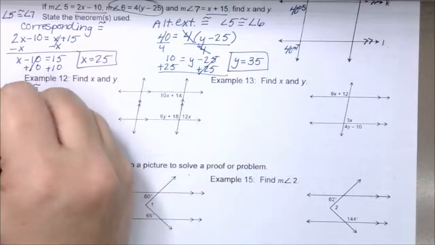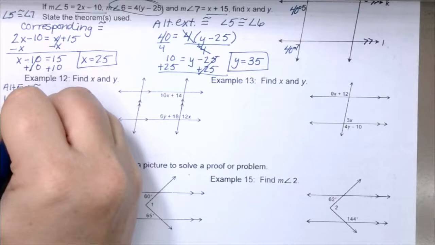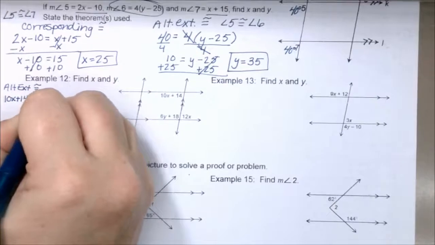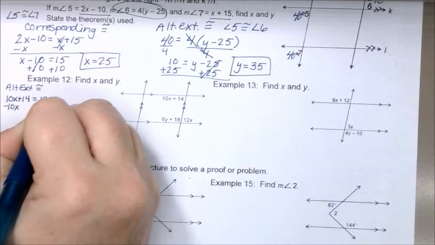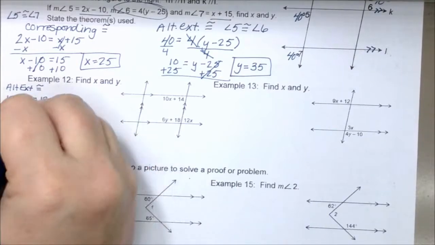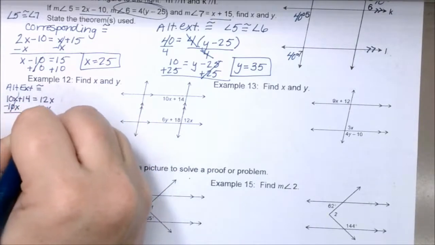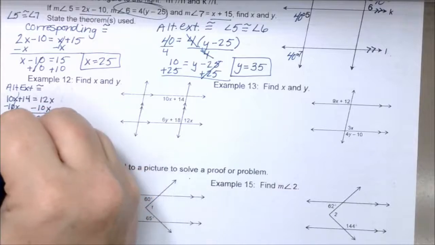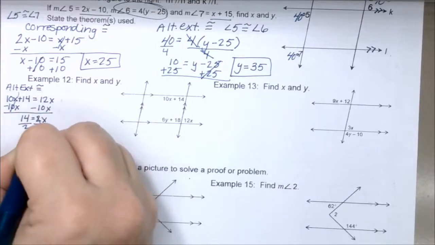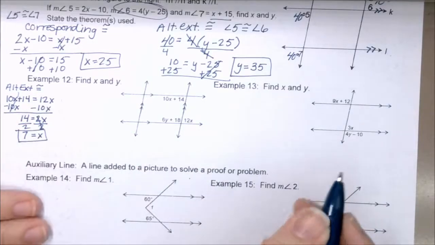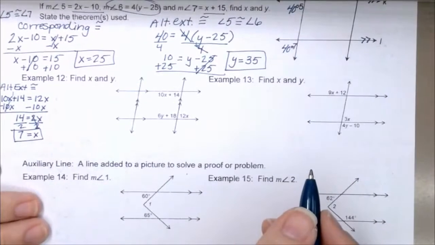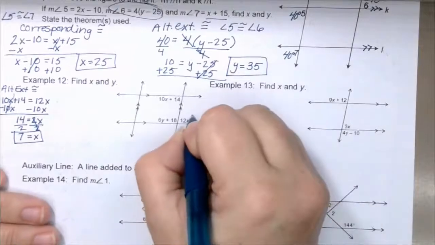Same side interior angles are supplementary. So 9x plus 12 plus 3x equals 180. 9x and 3x is 12x plus 12 equals 180.